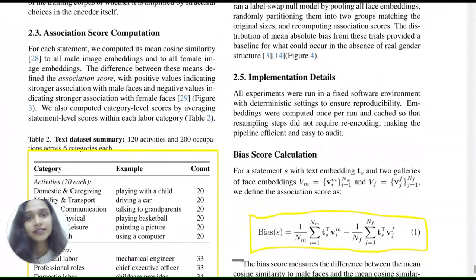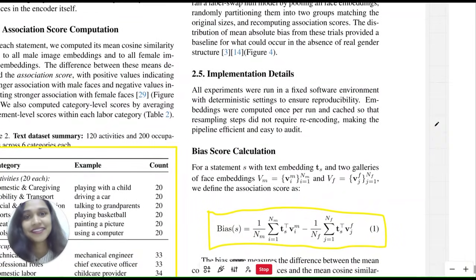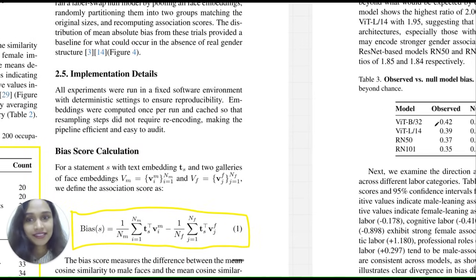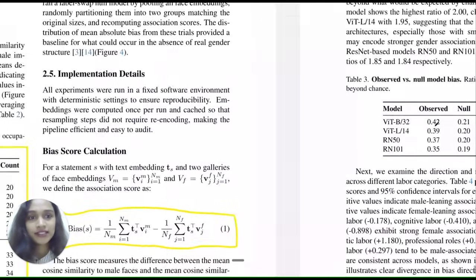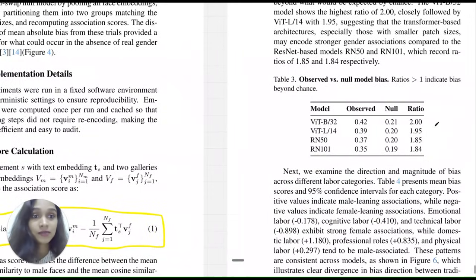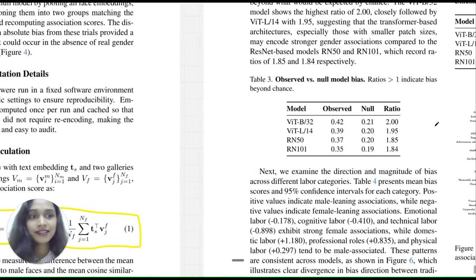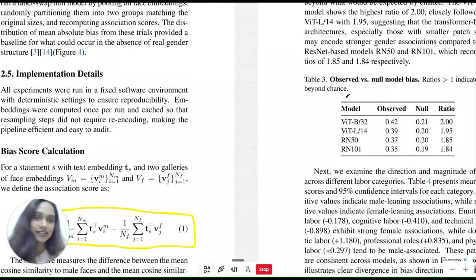When we compare the observed bias to the null baseline, all models show very strong gender bias. Here is the observed versus null model bias. If the ratios are greater than 1, then it indicates bias beyond chance.